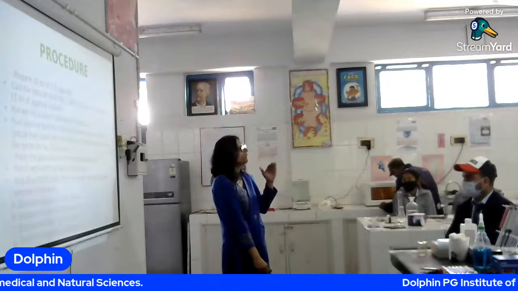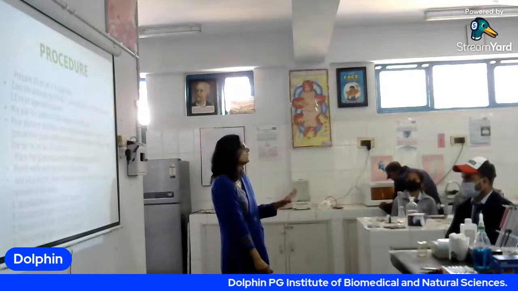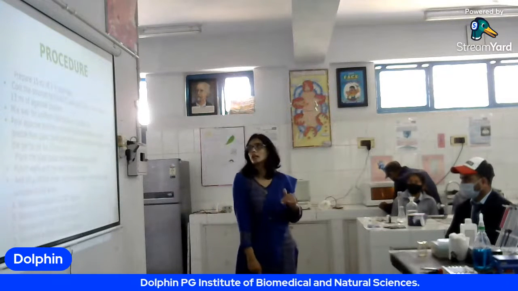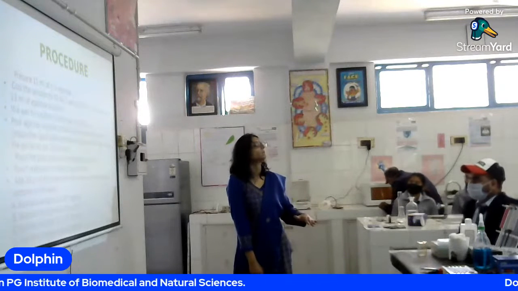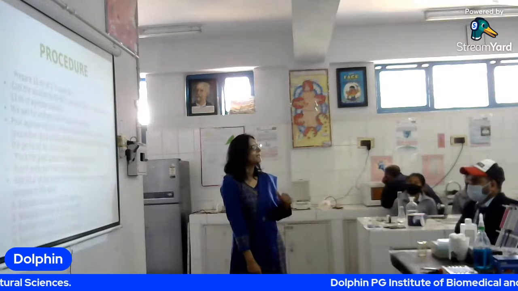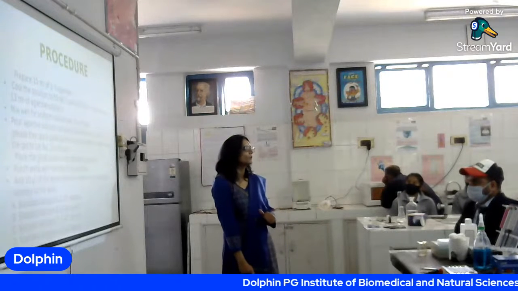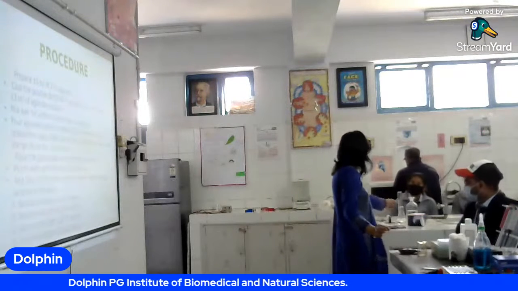When it gets completely uniformly mixed up, पूरा melt हो गया, then we will let it cool down 55 to 60 or even below it. And then we will add the antiserum. Antibody कब ऐड करेंगे? क्यों करेंगे इसको cool हम? Because अगर हमने hot में डाल दिया तो क्या होगा?